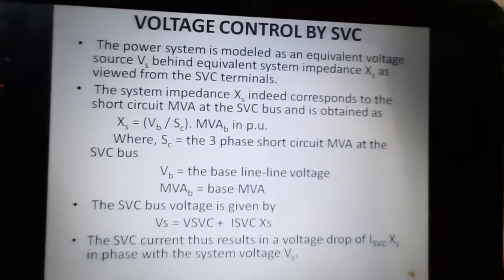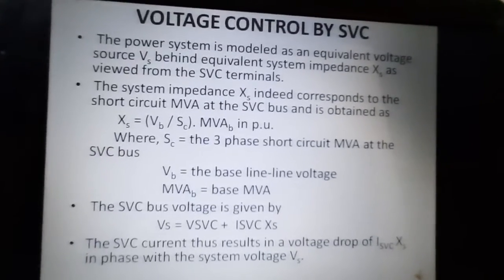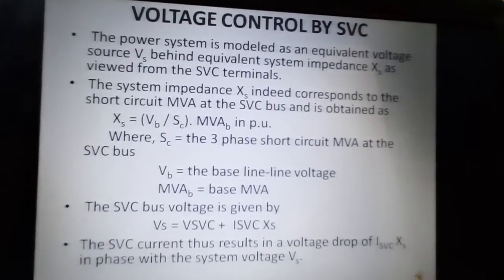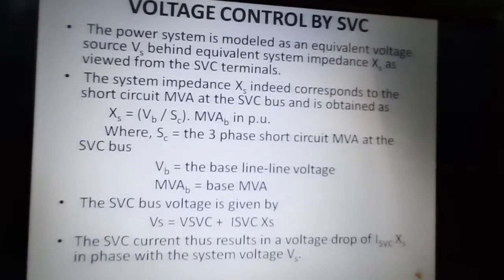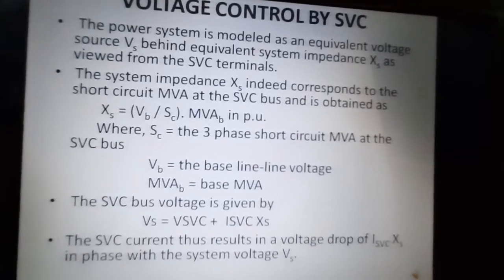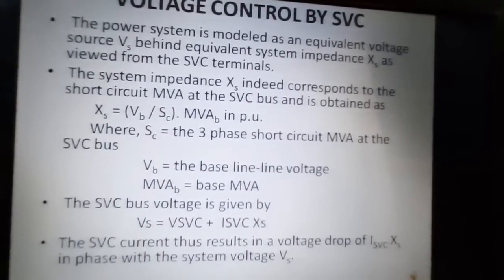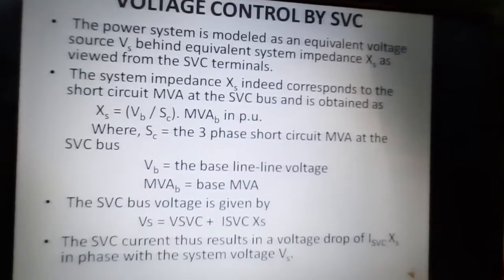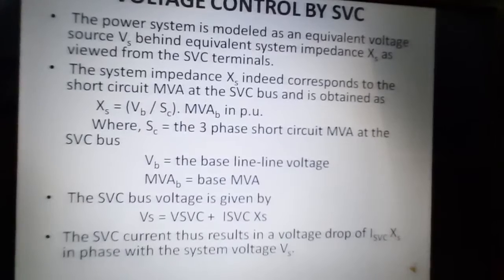The system impedance Xs corresponds to the short circuit MVA at the SVC bus and is obtained as Xs = Vb²/(Sc × MVAb), where Sc is the three-phase short circuit MVA at the SVC bus, Vb is the base line-to-line voltage, and MVAb is the base MVA.